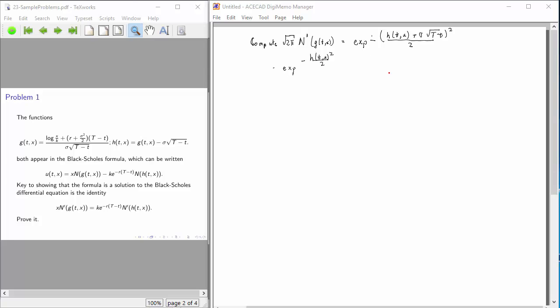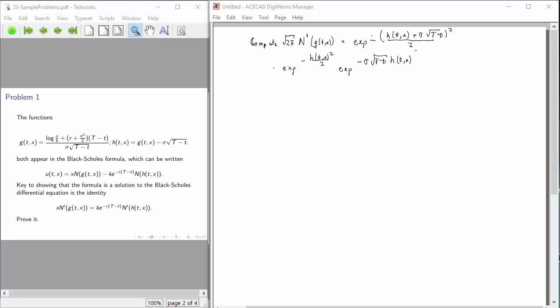The other two terms I will combine, so I will be multiplying that by the product of the cross term, which is minus sigma times the square root of T minus little t times h of t and x.